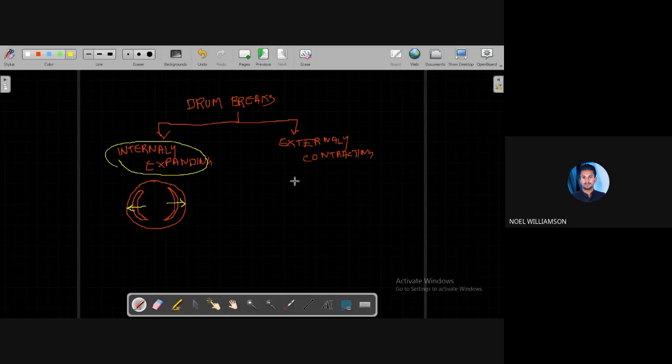For the other case, the drum will be like this, and the shoes will be placed over it like this. Here the shoe contracts towards the inside from the external portion, that is, externally contracting. So these are the two types of drum brakes.